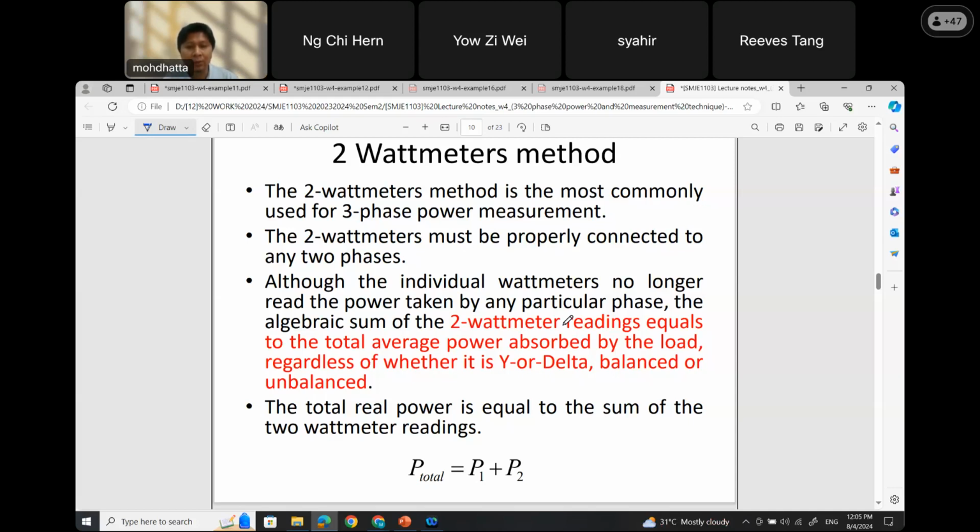So P total comes from P1 plus P2. The name itself, watt meter, means that it will give you the information of watts, or the information of active, average or real power. In short, you can only get P from the watt meter.